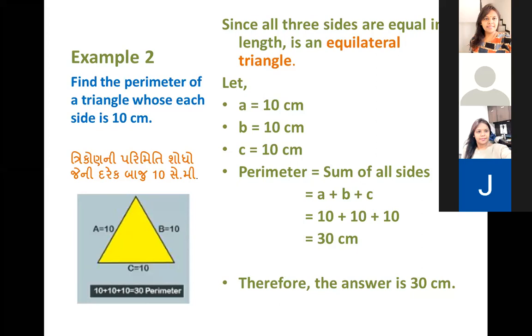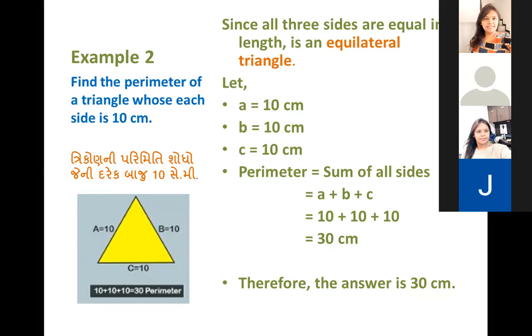So first of all, draw the figure. All sides are equal, and every length is 10 centimeter, 10 centimeter, 10 centimeter. Take the sum, and it gives you 30 centimeter. So your answer is 30.